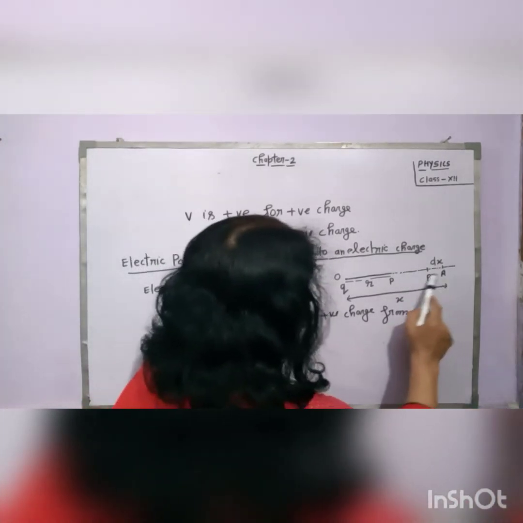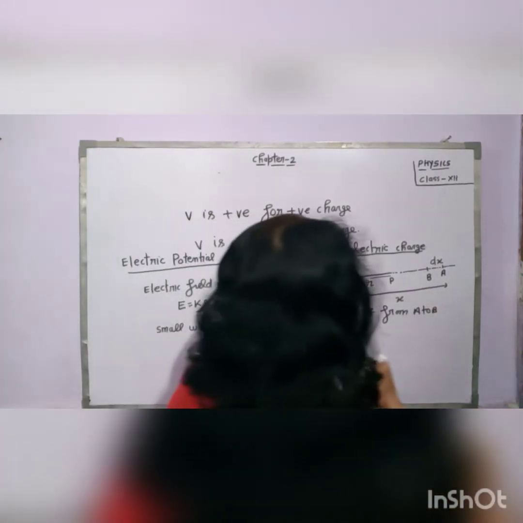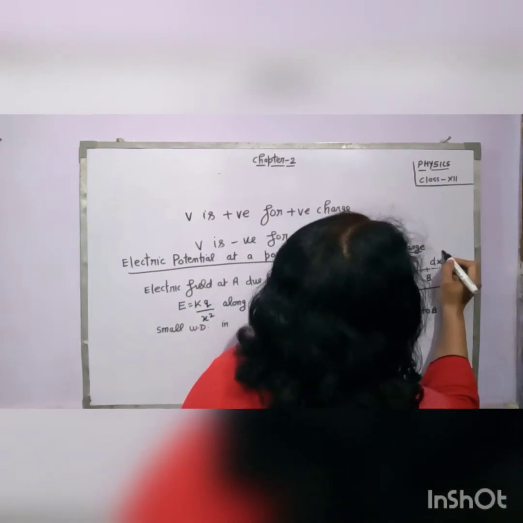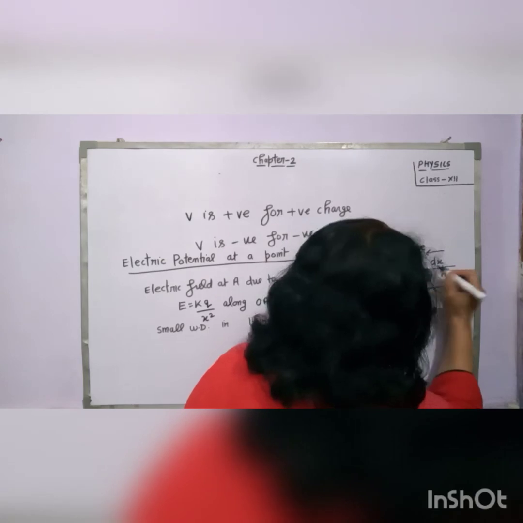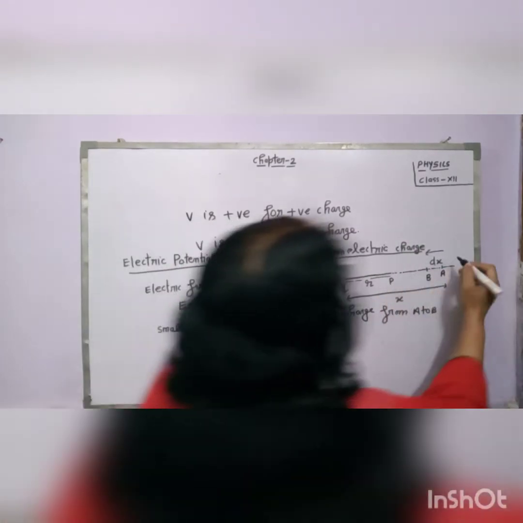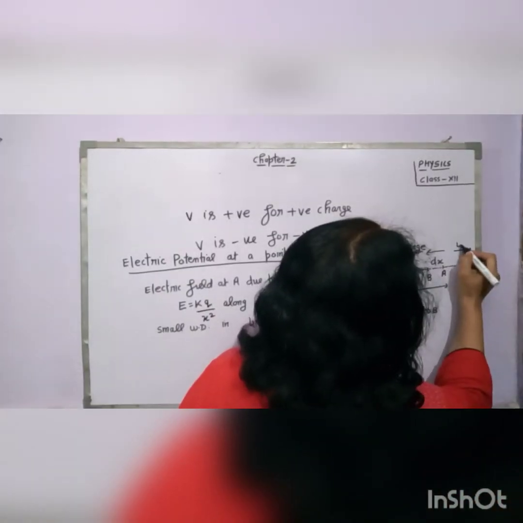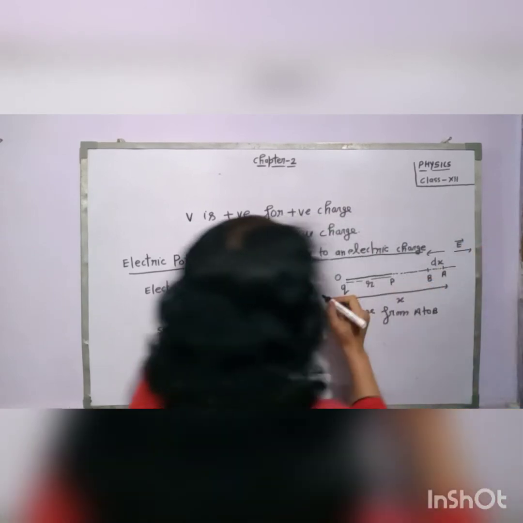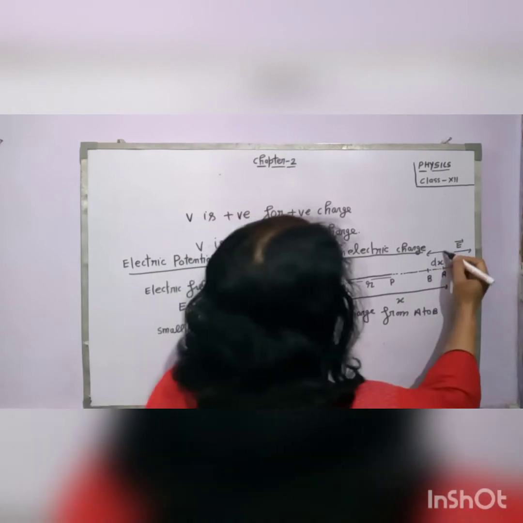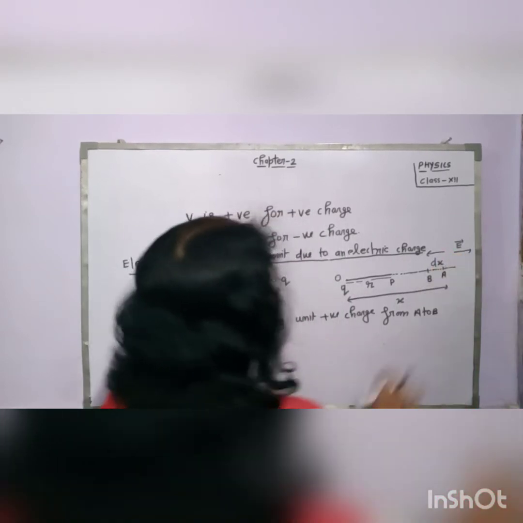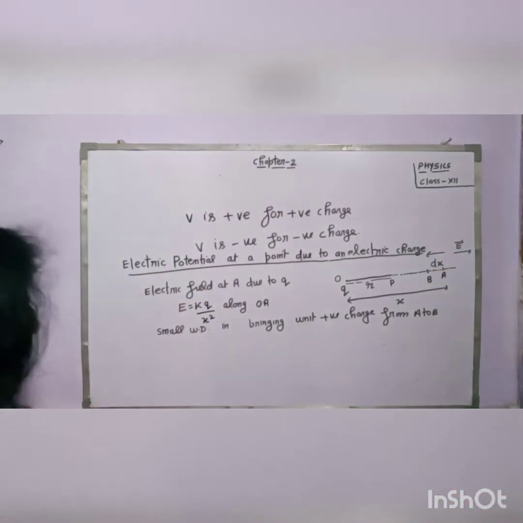From A to B. This is the direction of the motion. You can take the direction of dx in this direction. Now the electric field is in the opposite direction. The value of dx is in this direction, and the value of the electric field is in the other direction. The angle between these two vectors is equal to 180 degrees.